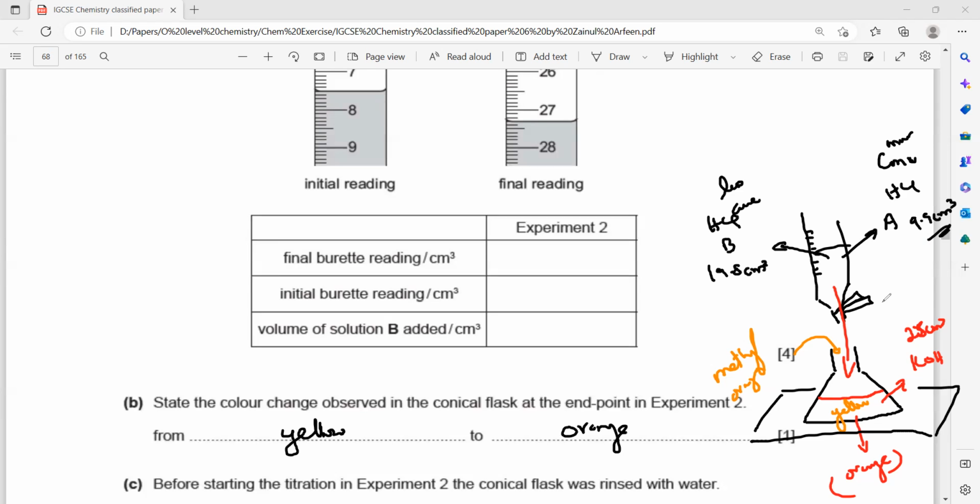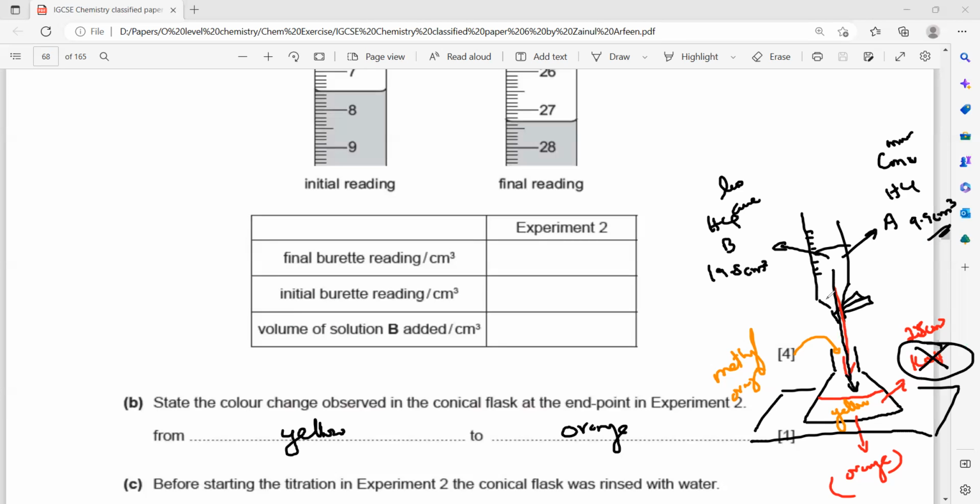You will get a point where the acid is a bit more than the potassium hydroxide. First we have potassium hydroxide, we are adding an acid, all the potassium hydroxide is used up, and then there is an extra quantity of acid. But we ignore that quantity of acid because we assume it is negligible, a very small quantity which won't affect our result. But practically, the acid is more there.